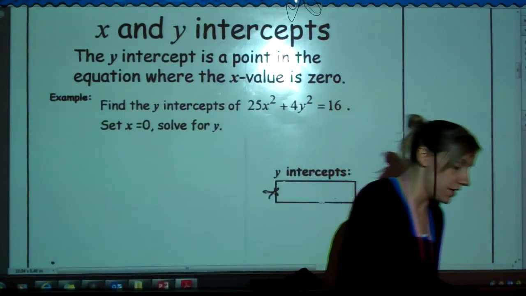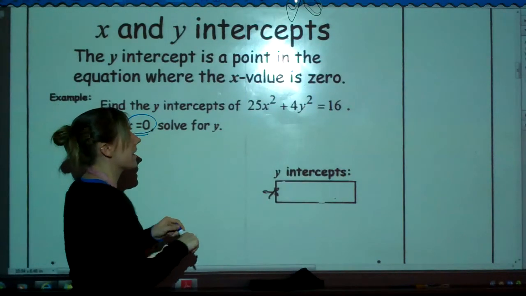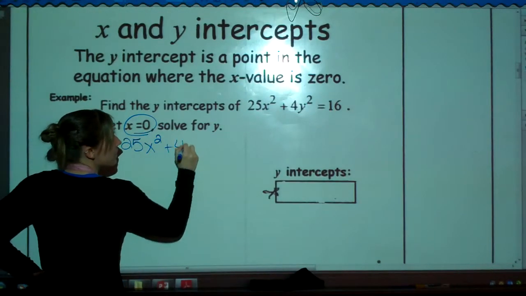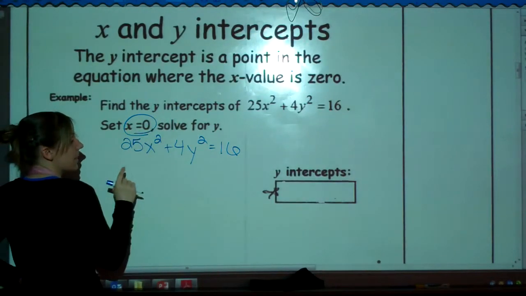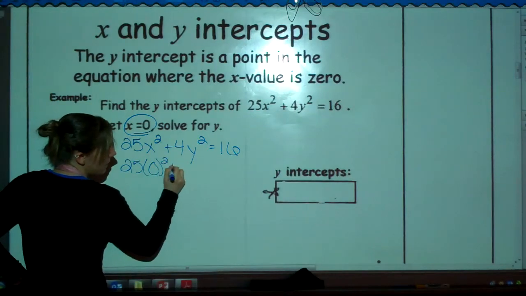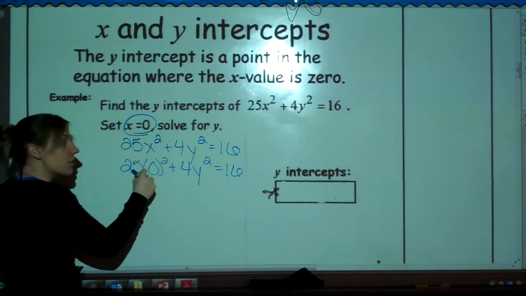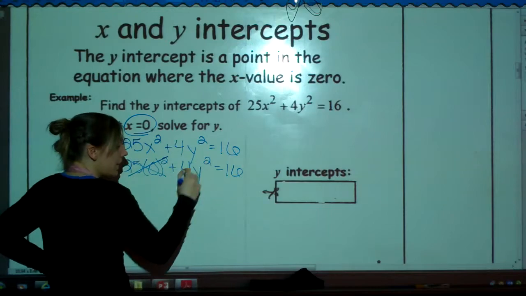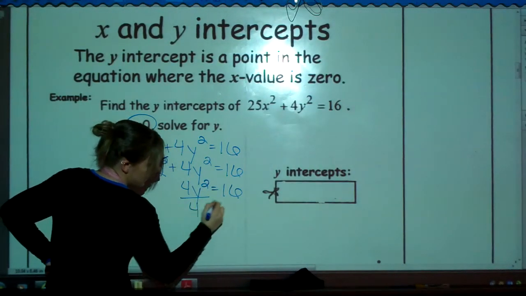So we put in 0 for x instead, and then we solve it in that case. So we go back to the same equation, 25x squared plus 4y squared equals 16. But since we're looking for the y-intercept, that means x is 0. So 25 times 0 squared plus 4y squared equals 16. 0 would make that whole term cancel out. So really just focus on the y term. 4y squared equals 16. Divide both sides by 4.